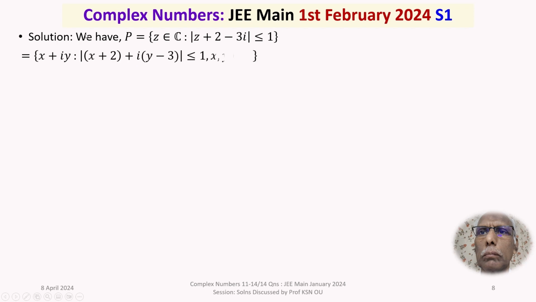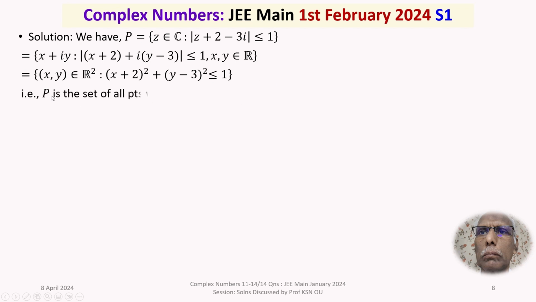So modulus of x plus iy plus 2 minus 3i, that is modulus of (x plus 2) plus i times (y minus 3), is less than or equal to 1, where x, y belong to R. So this is the set of all those ordered pairs (x, y) belonging to R square, such that (x plus 2) whole square plus (y minus 3) whole square is less than or equal to 1.